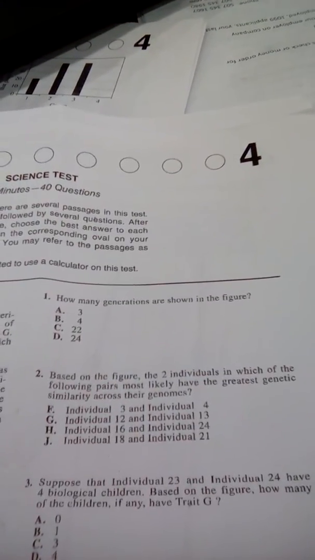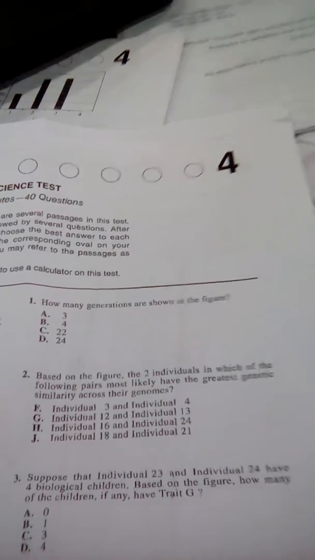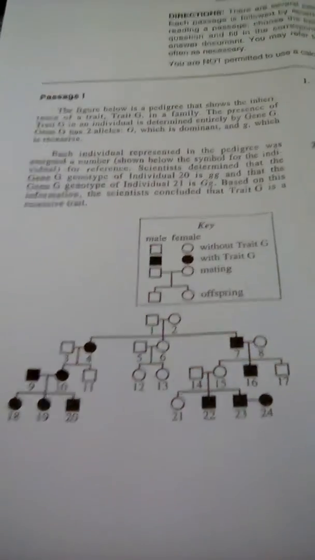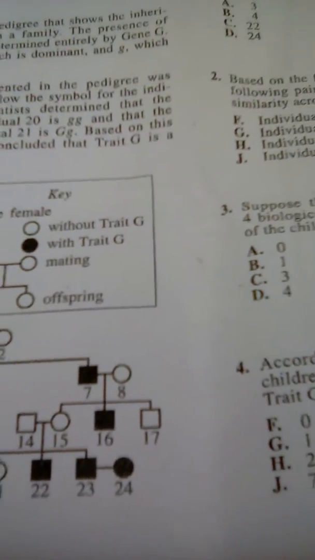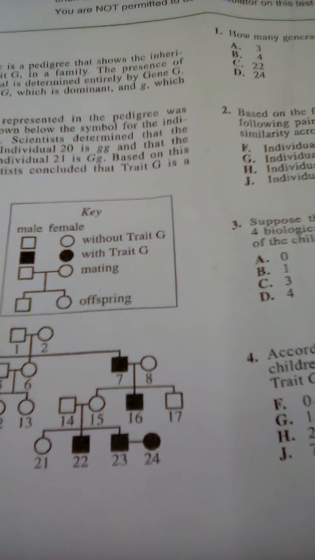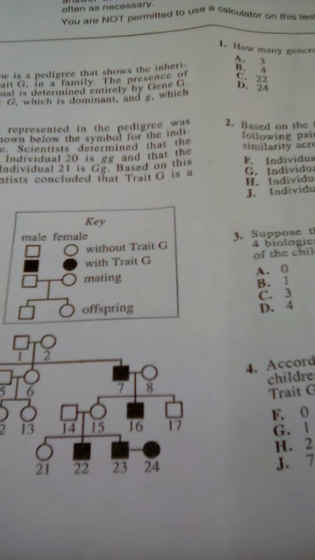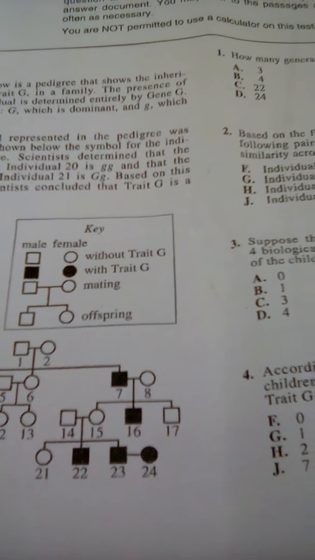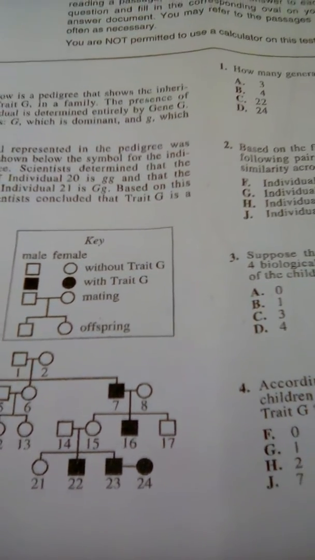H, individual 16 and individual 24. Individual 16 is a black square, and individual 24 a white circle. So they aren't similar in their gender, although they're similar in having the trait, so that's not the right answer either.